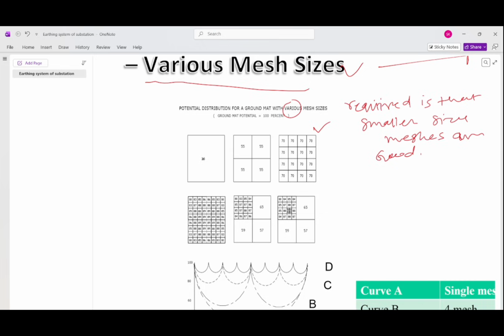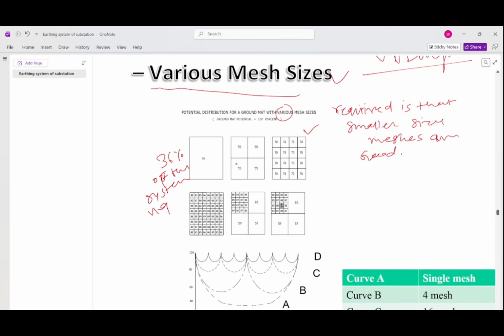So here a single mesh has 36% of the system voltage appearing across the grid.